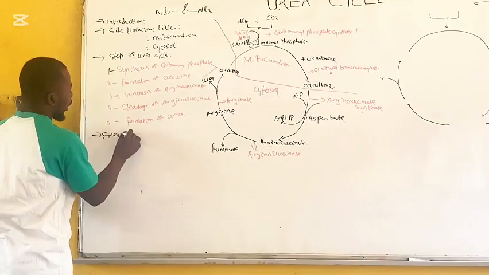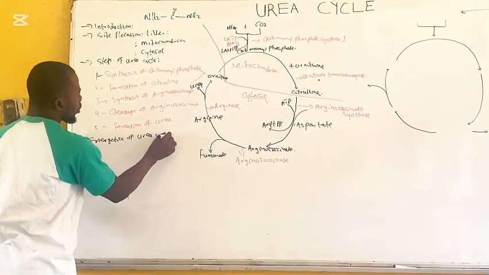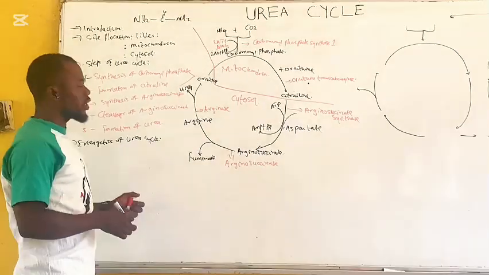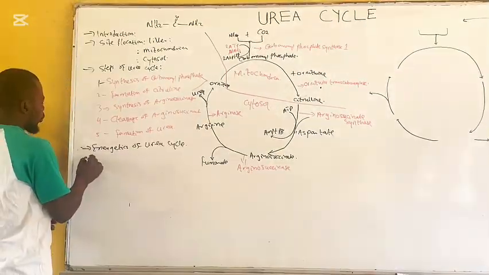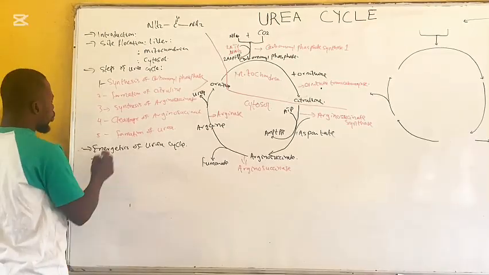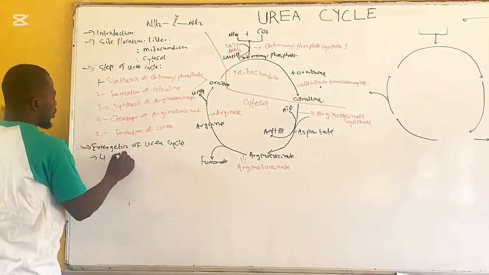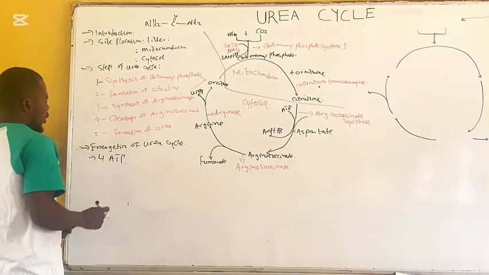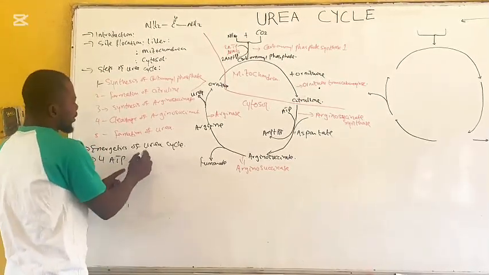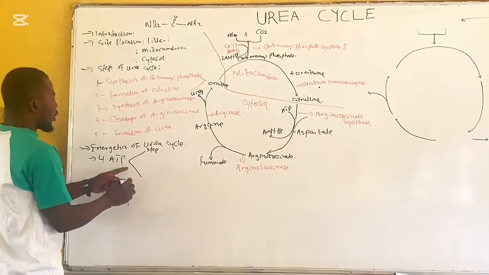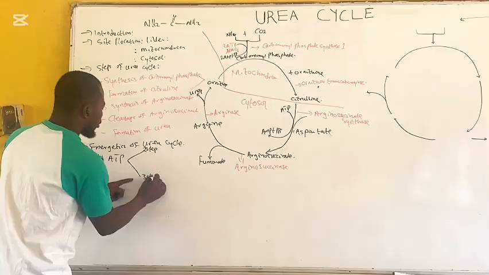Next is the energetics of the urea cycle. The energetics simply means the energy that is used or produced during the urea cycle. First, we should know that the urea cycle utilizes 4 ATP. 2 are utilized in the first step, and 2 in the third step.